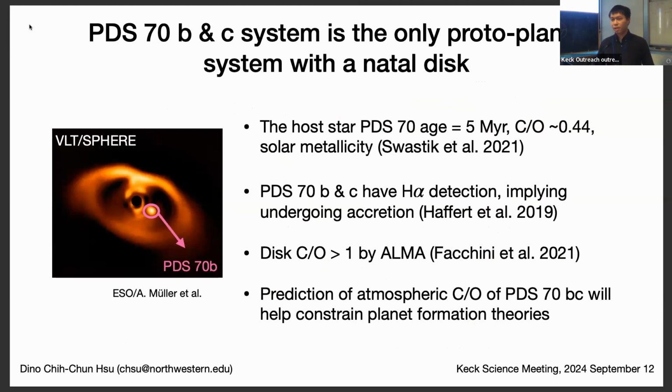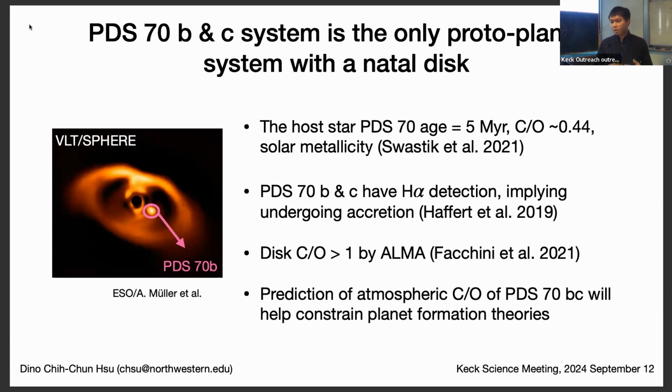So this is the PDS 70 b and c system. This is one of the most famous exoplanet systems because it's the only protoplanet system with a natal disk observed today. This is the pretty young PDS 70 A star. The age is 5 million years old, and the C-to-O ratio is inferred to be 0.4, which is around solar metallicity or slightly subsolar.